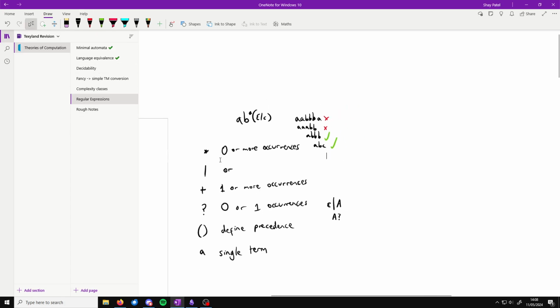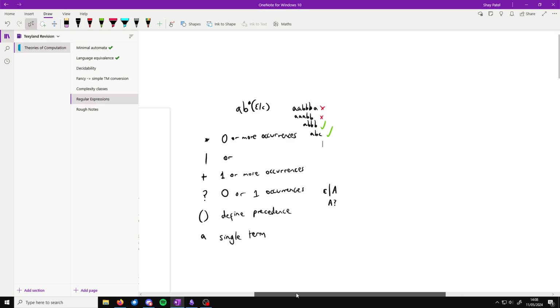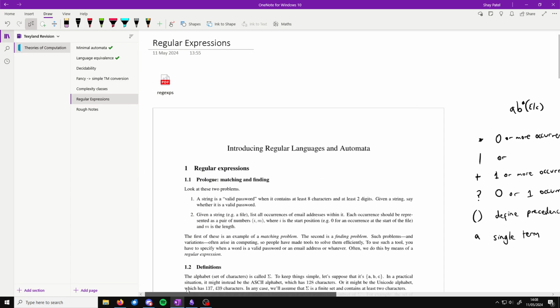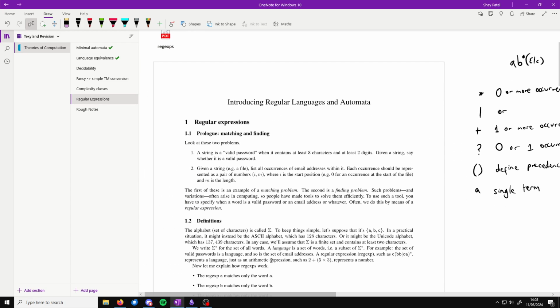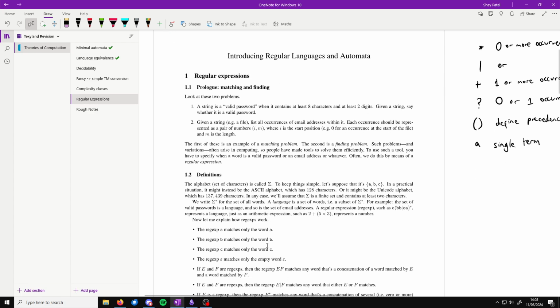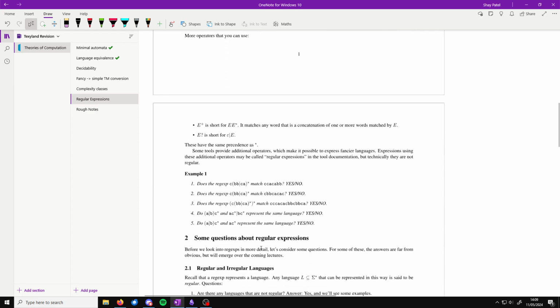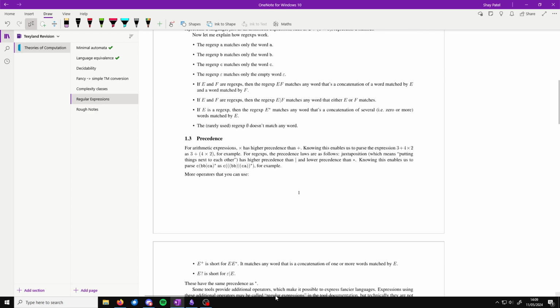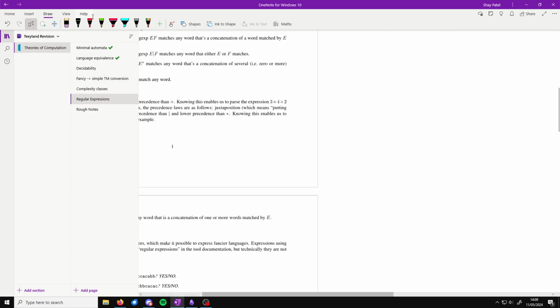Okay. So regular expressions, we can use it to represent a language. A language is just a set of words that are accepted by that expression. Okay. In terms of the different operators, they have an order of precedence. So at the very top we have this asterisk symbol, and then we have juxtaposition, and then we have OR.